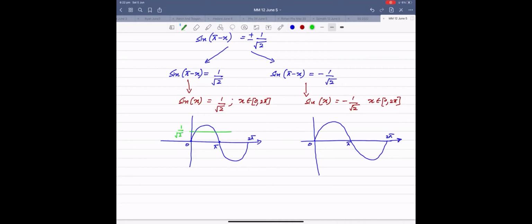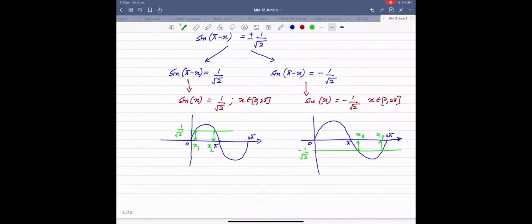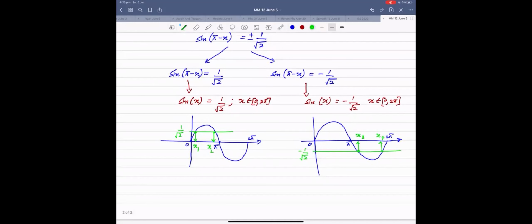So there are two answers here. I would say x1, x2. And when you get minus 1 divided by square root 2 is here. This one. So suppose this is x3, x4. So there are four answers, x1, x2, x3, x4.